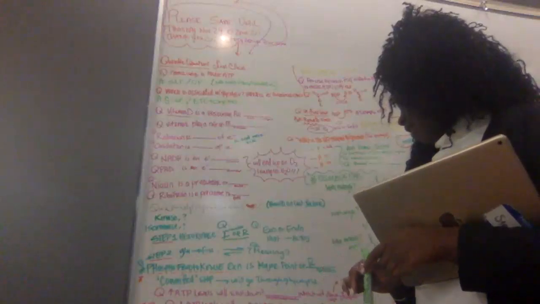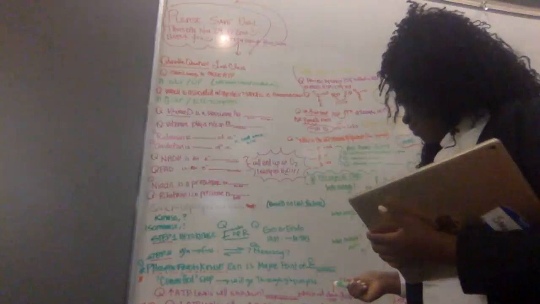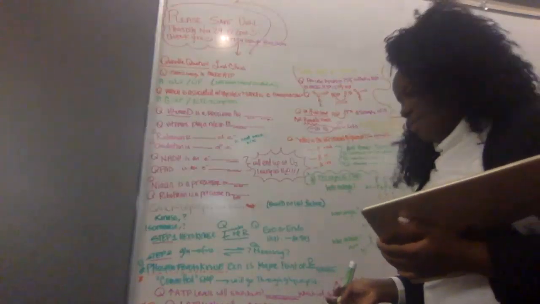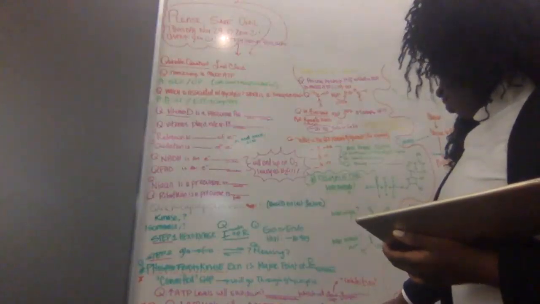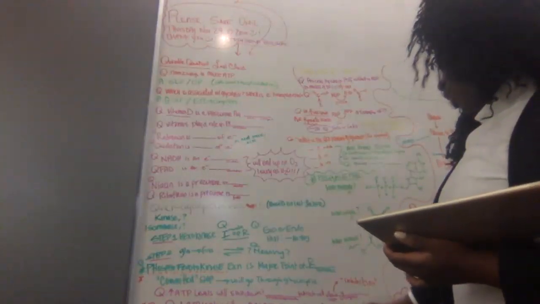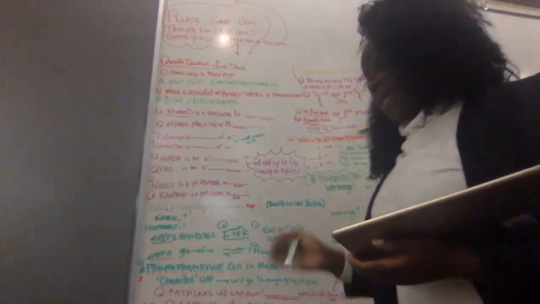And the reason why this is going to be important is the fact that inhibition is occurring, right? Just say, for example, I want to try to make this easier. ATP, right?